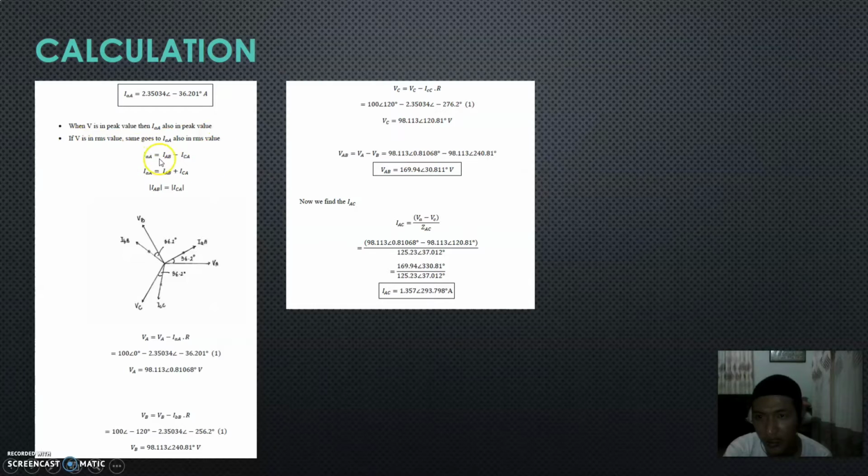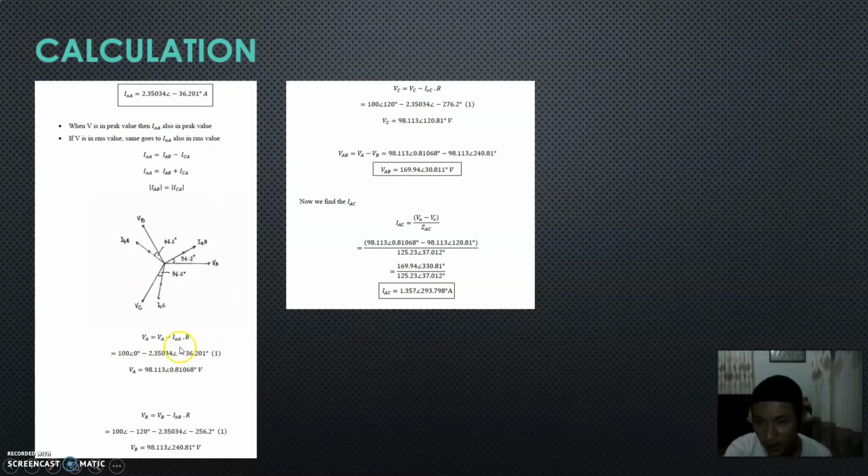So we can see IAA equals IAB minus ICA. We also remember IAA equals IAB plus ICA, so we can say IAB equals ICA. This is the degree for the three of them.